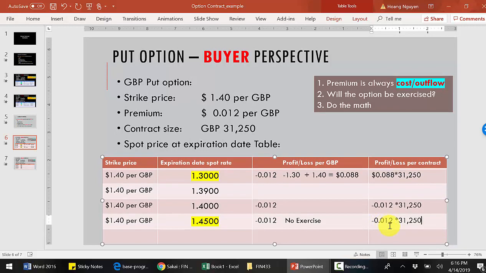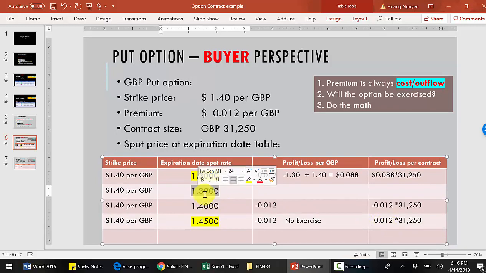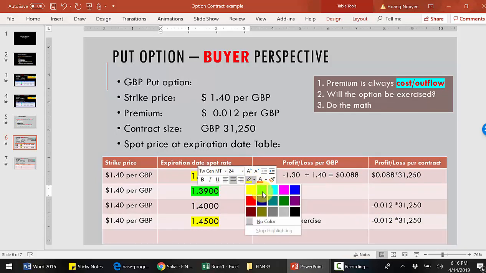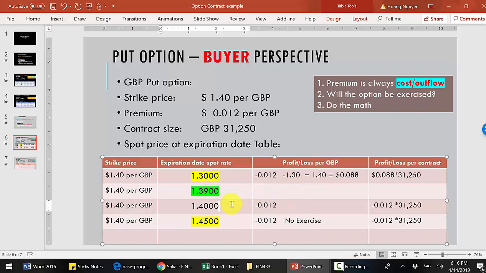Now, the most controversial situation is right here. What do you think? What if the spot rate at the expiration date turned out to be 1.39? In this case, you still have to exercise. Why?